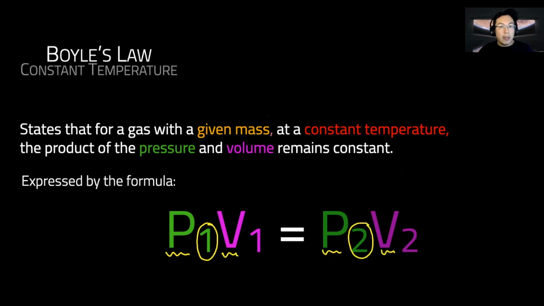There was an original pressure and there was a changed, or final, pressure. And the same with the volume. So if the pressure increases in two scenarios, then the volume would have to decrease, according to our experiment.